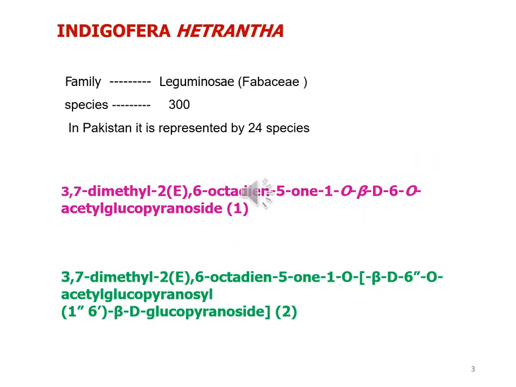The genus Indigofera belongs to the family Leguminosae, which is also known as family Fabaceae, and comprises 300 species, which are herbs or shrubs distributed throughout the tropical regions of the globe. In Pakistan, it is represented by 24 species. The family Leguminosae is known to be a rich source of flavonoids, and most of the phenyl derivatives have been found in this family.